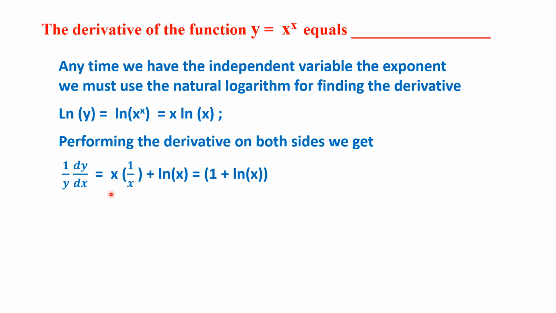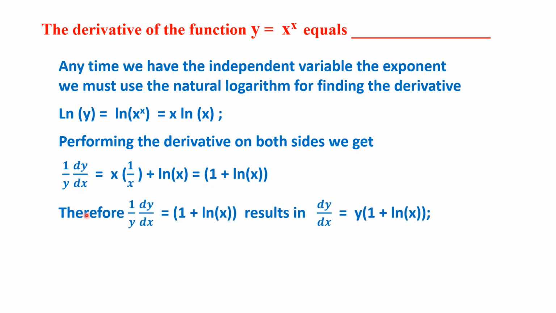Now to solve for dy by dx, all we have to do is multiply both sides, this side and this side, by y. If we multiply by y, we get what? Since 1 over y dy by dx is equal to 1 plus ln x, then multiplying both sides by y, we get dy by dx equal to y multiplied by 1 plus ln x.